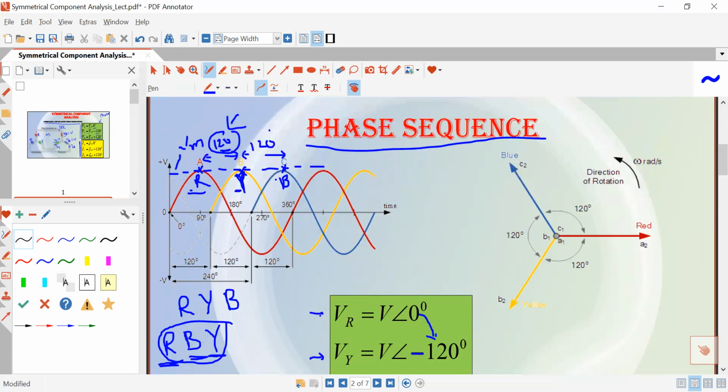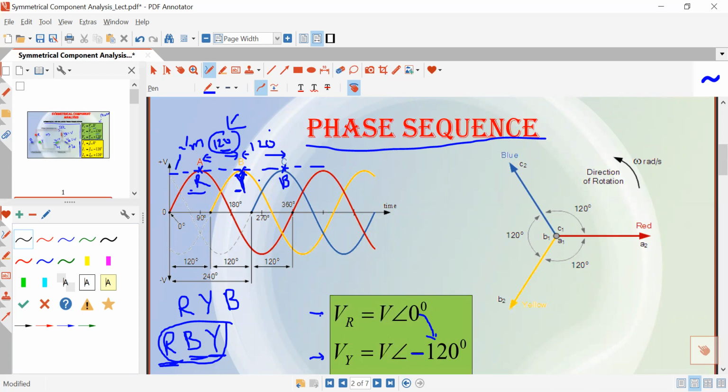Similarly, you can see phase B. Phase B is attaining its maximum after an angle of 240 degrees from the waveform R. To measure lag or lead, you have to consider one phase as the reference.